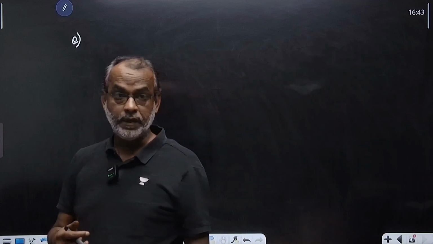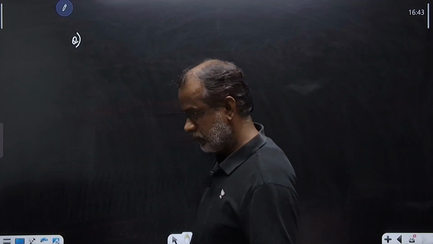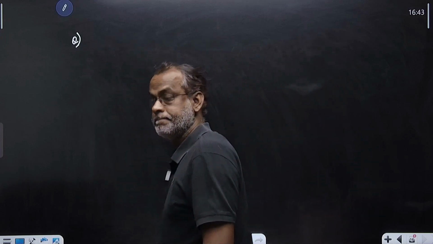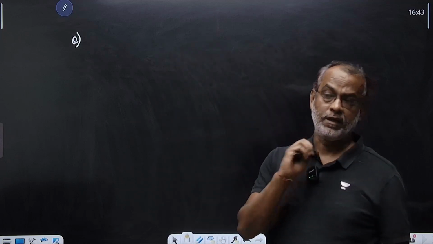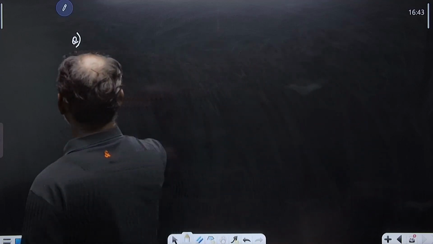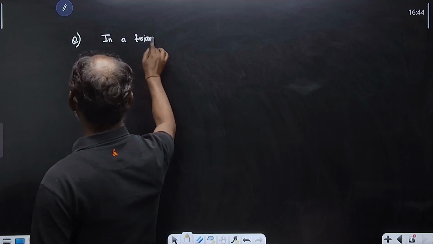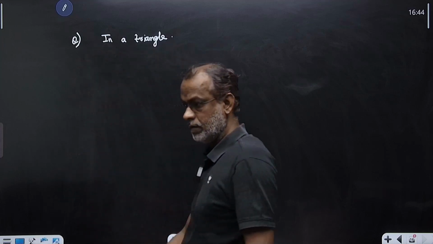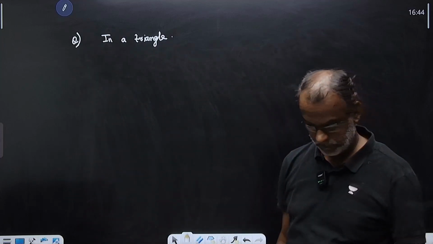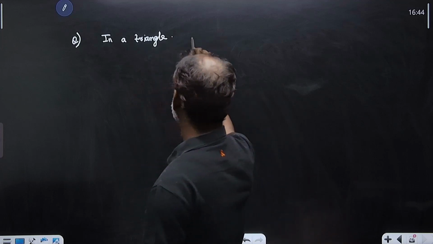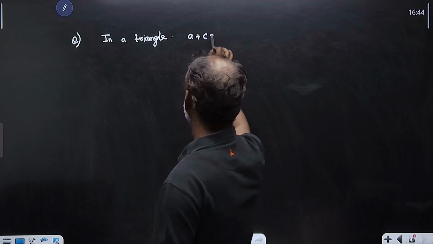Now, sine rule problem, AP and sine rule. Suppose I say 3 theta, formula of 3 theta would be needed now. In a triangle, A plus C is 2B.